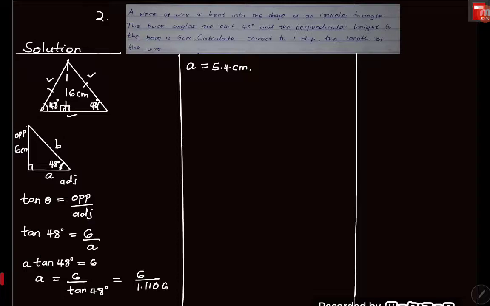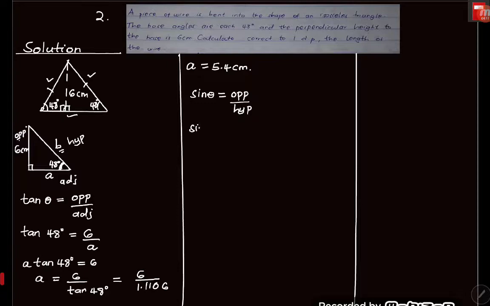Now again, we calculate the value of B. With respect to this angle, B is our hypotenuse, and the value given is the opposite. That means we use the identity sine, because sin theta is always equal to the opposite over the hypotenuse.